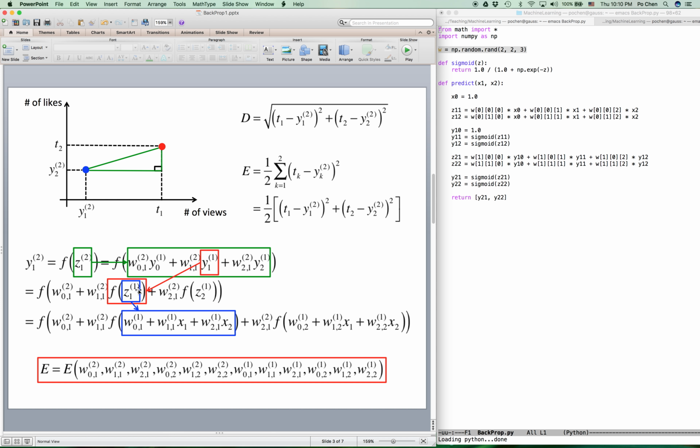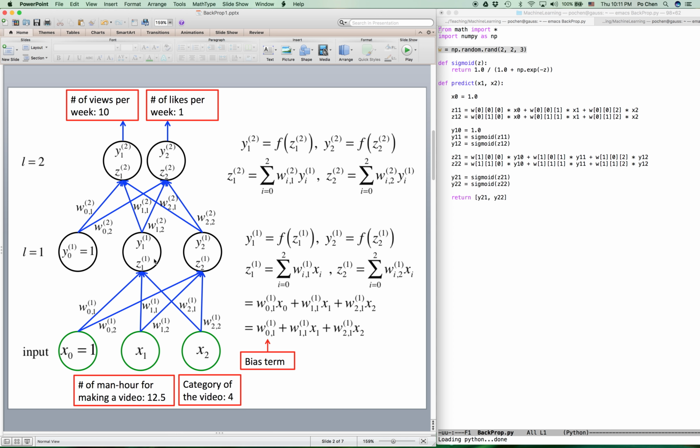Then Z11 is just the logit of this particular neuron, and it can be computed by the linear combination of these 3 inputs, x1, x2, and x0, with the weights given by these 3 numbers, right?